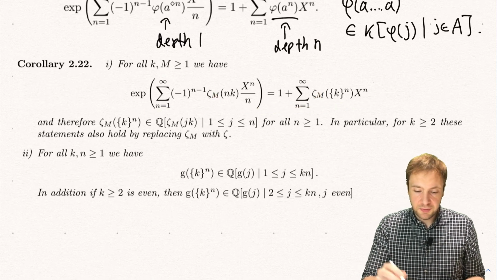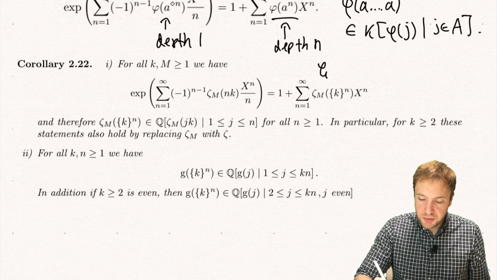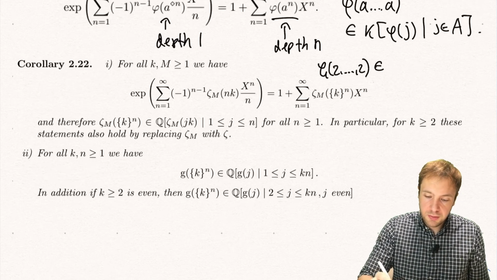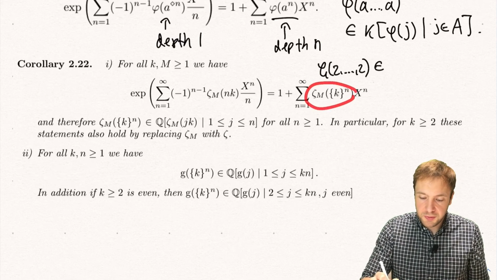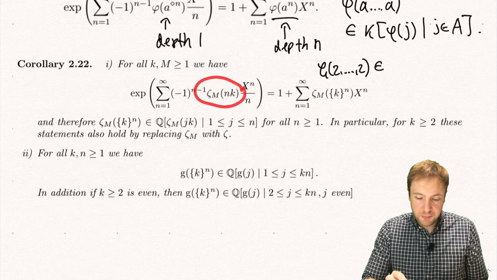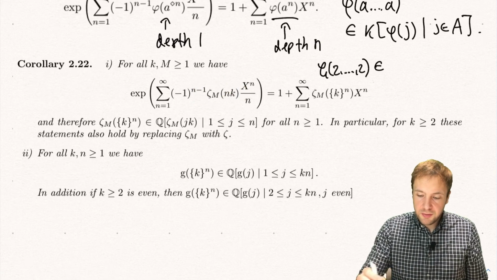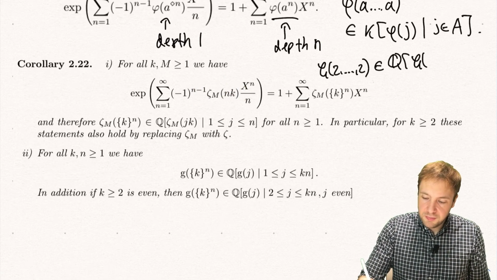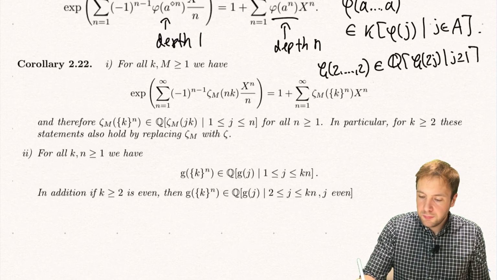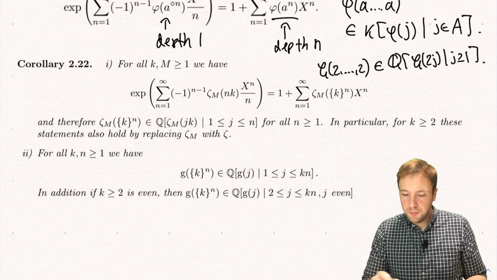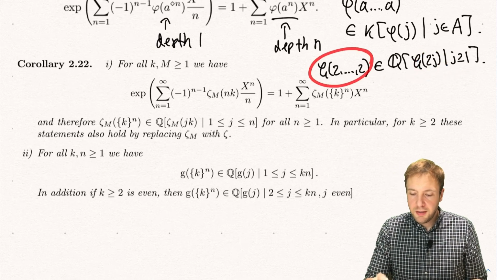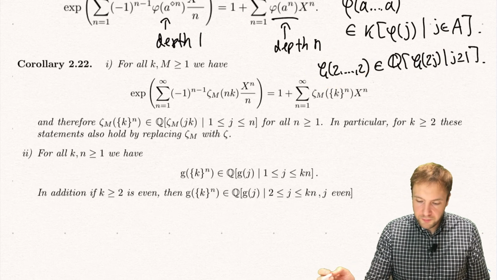So we see that, for example, zeta 2 is a polynomial. Here the coefficient would be zeta 2, and here I have just even zetas. So this says that zeta 2 is a polynomial in zeta 2j. But this we already saw before, because these are just powers of pi, and this is also just a rational multiple power of pi.